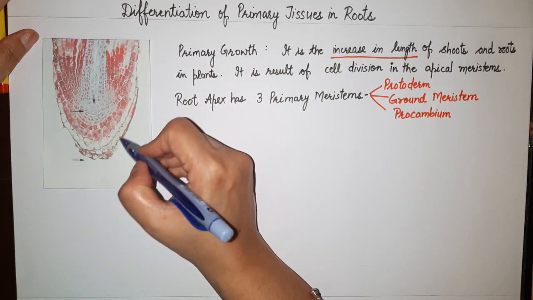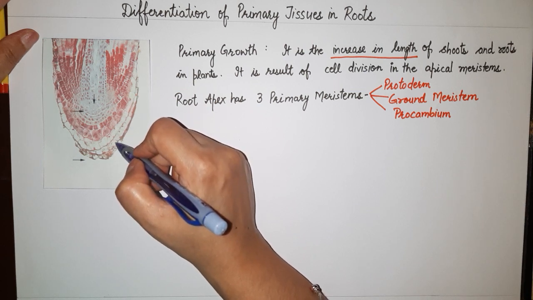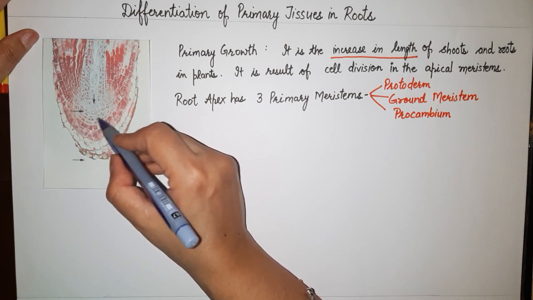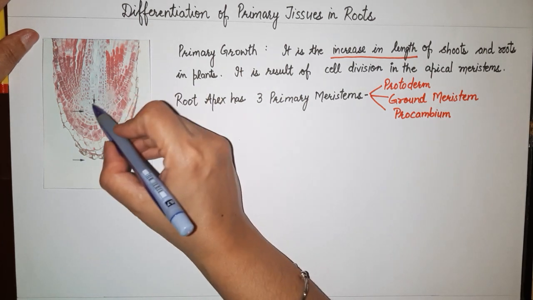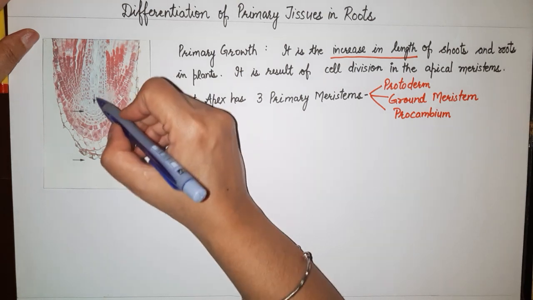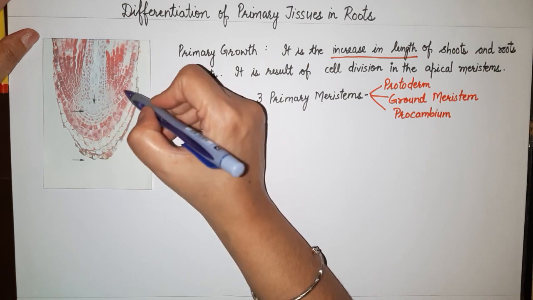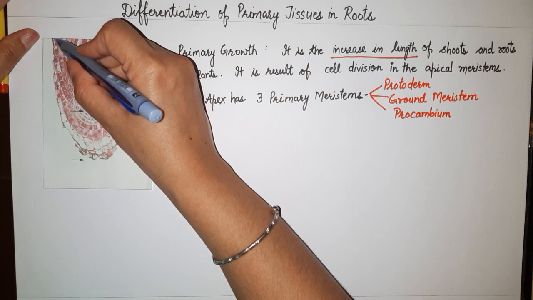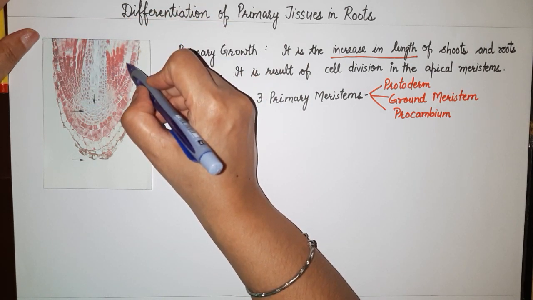This outermost region where the cells are slightly transparent is the root cap area. And this portion that we showed in a parallel row of cells is calyptrogen. Then we have a few initials, and from those initials there is formation of the central cylinder called procambium. Toward the outer side we have rectangular cells which are going to form protoderm, and the in-between zone is called ground meristem.